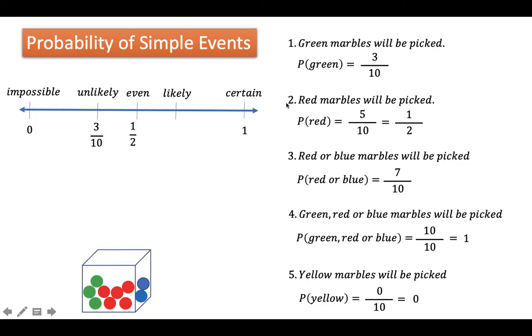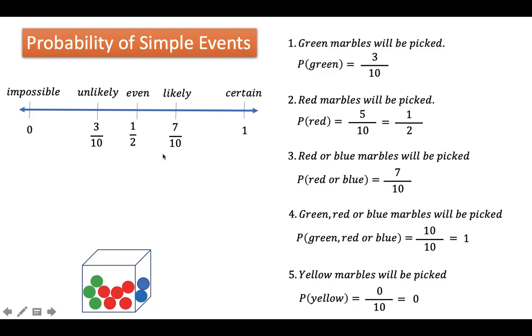While in our given number 2, wherein the red marbles here, the probability is 1/2, we can say that the chance is even, or we can say that there is a 50-50 chance that red marbles will be picked here. While in number 3, since the probability is 7/10, we can say that the chance is likely to happen.